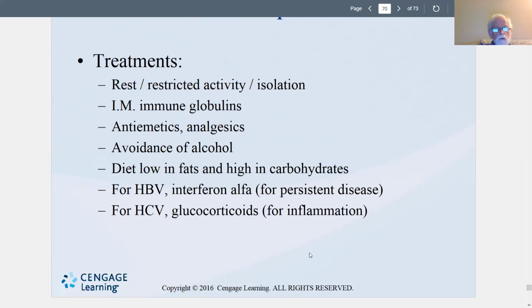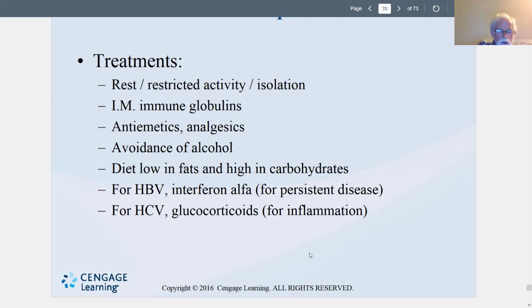We can give intramuscular immune globulins to patients. We can make sure that the pain is reduced. We advise staying away from alcohol. It's a liver toxin anyway, and your liver's already in stress. And look for low-fat, high-carb diets.